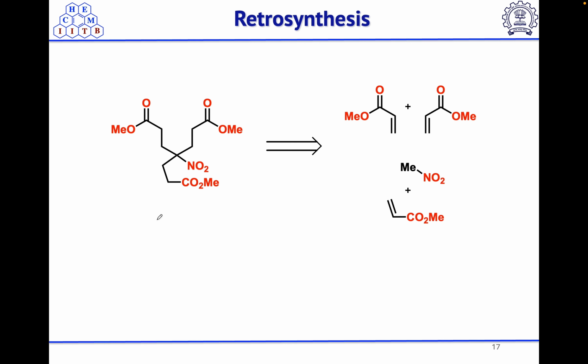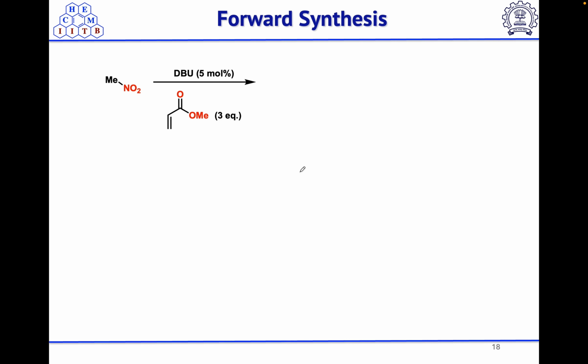Now this nitro derivative. If you draw these molecules with this C-N, this C-C, this C-C, and this C-C disconnection, it will give three alpha beta unsaturated ester compounds. Three equivalents of alpha beta unsaturated ester with nitromethane will give this product. Not a condensation reaction, but a normal addition reaction.